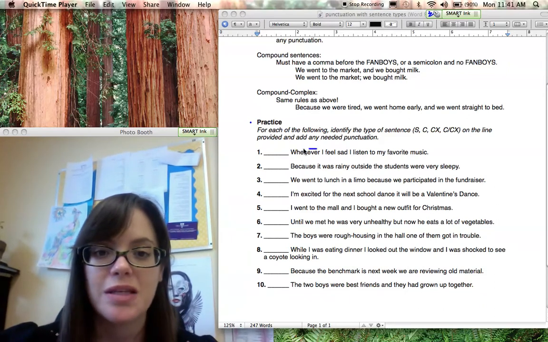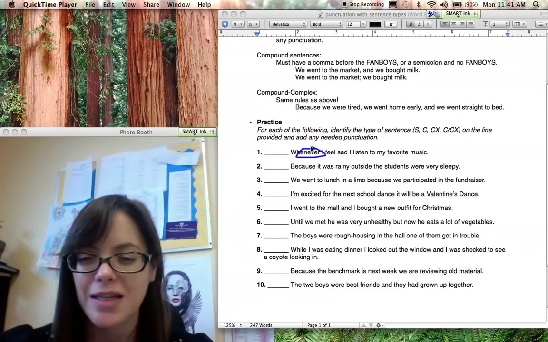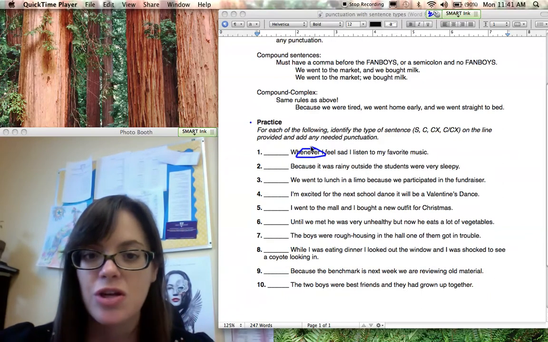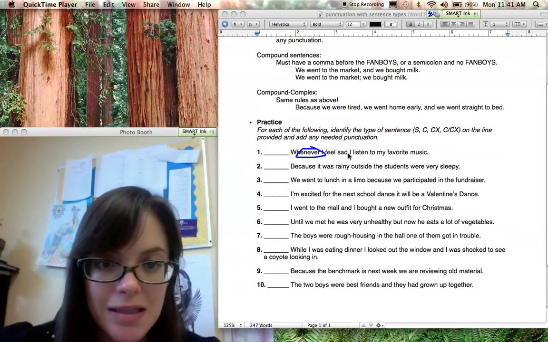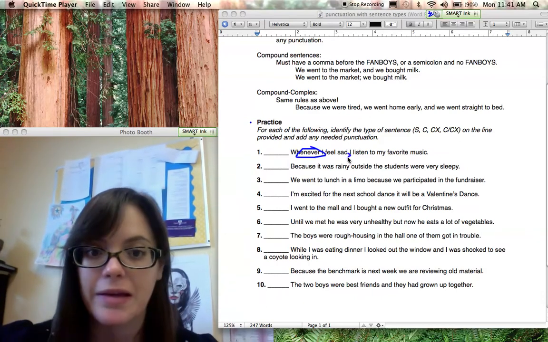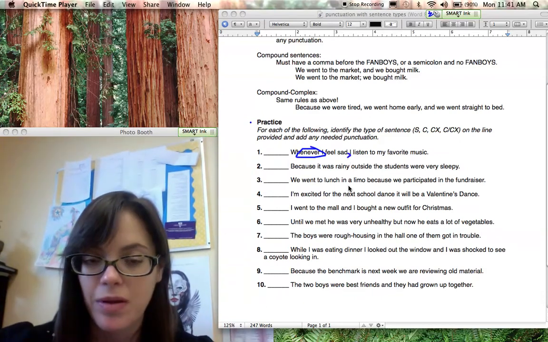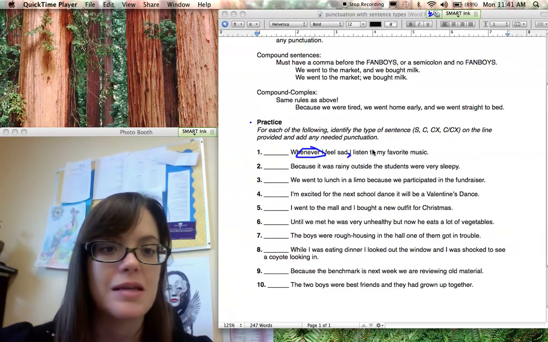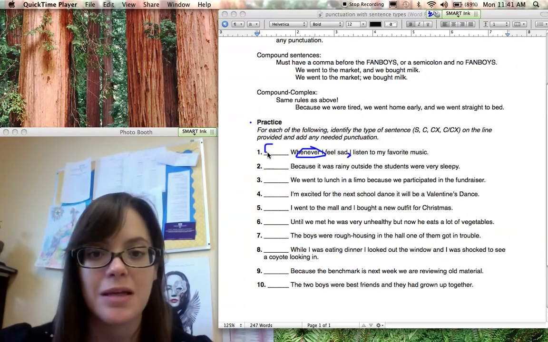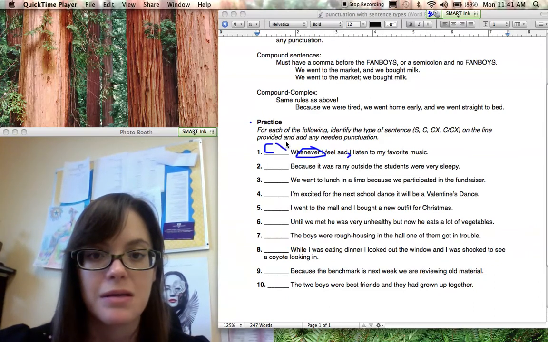I start with this "whenever," so that sounds like it's going to be a dependent clause. If I'm starting with a dependent clause, that means I'm going to have to add a comma in. So everyone add in that comma. And then I ended with an independent clause. So if I have a dependent clause and an independent clause, this is going to be complex.